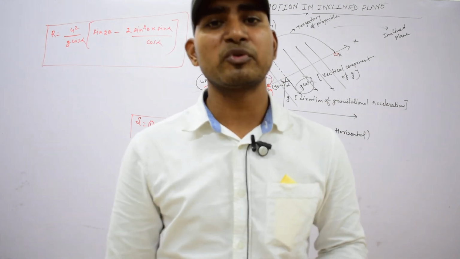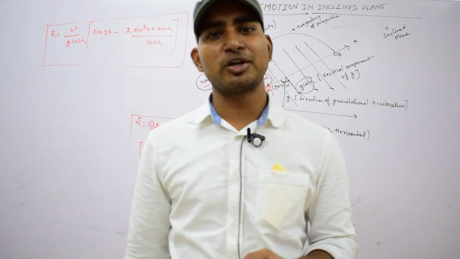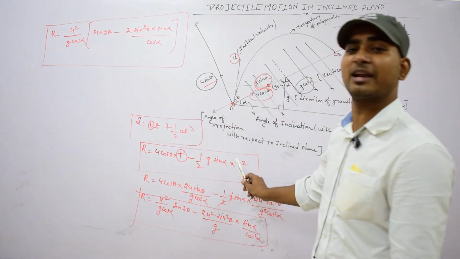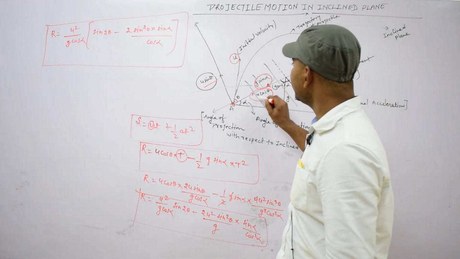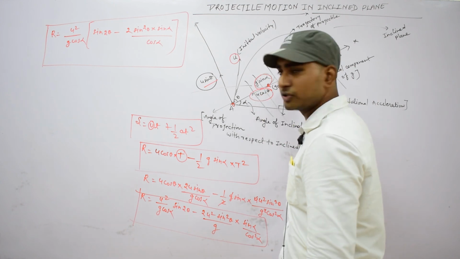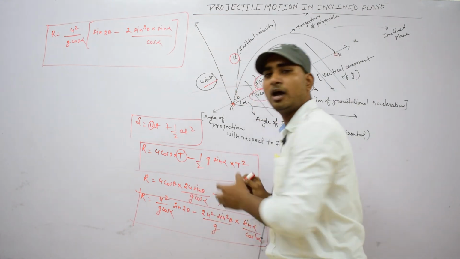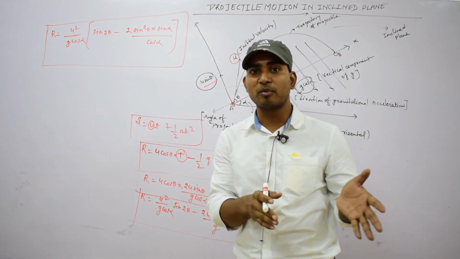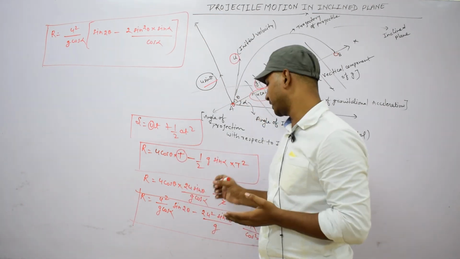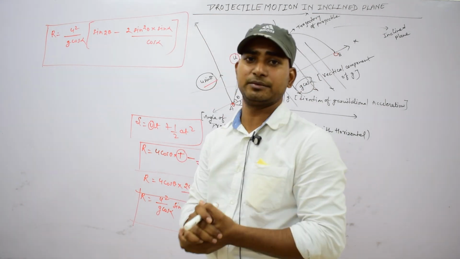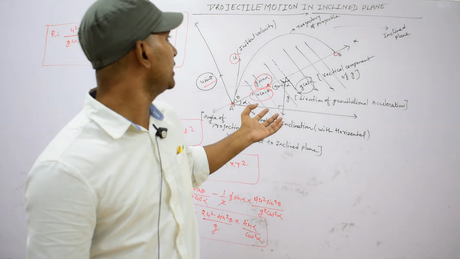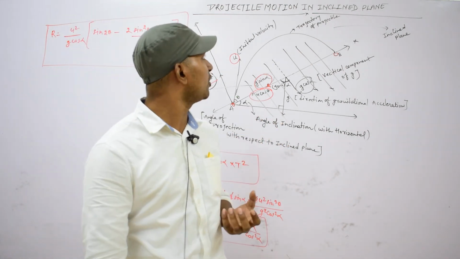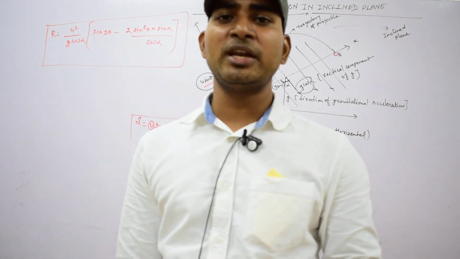In a normal projectile motion, you have seen that the horizontal component remains the same, but in this particular case there must be some retardation in the horizontal direction also. That's why, in place of the normal equation, I am using the motion equation in which the acceleration term comes. So this was our general description of projectile motion on an inclined plane.